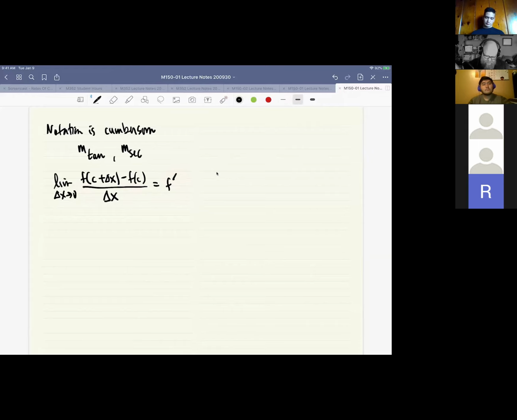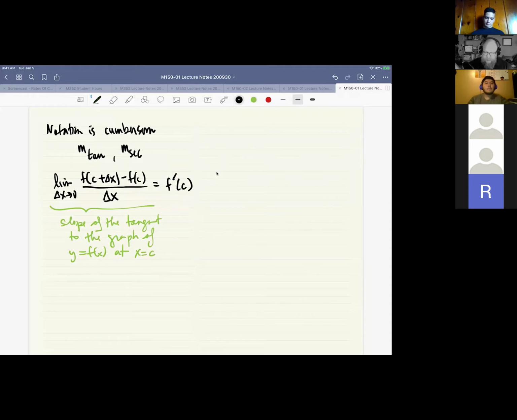And then I'm just going to put a c there to remind us that we're talking about the tangent line at x equals c. Okay, so f prime of c here means the slope of the tangent to the graph of y equals f of x at x equals c.